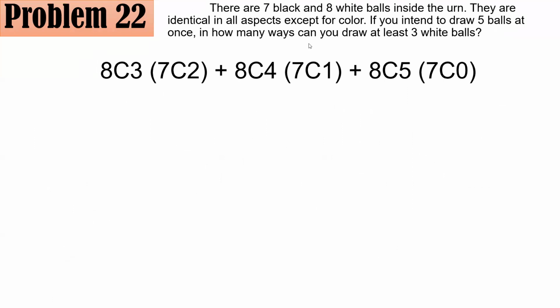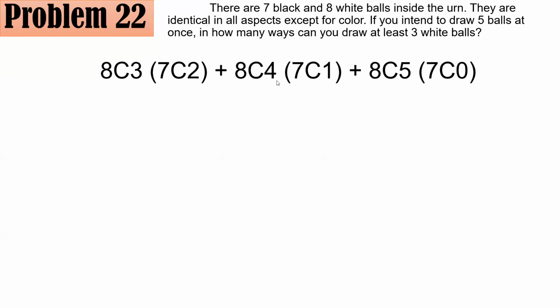And if you have three white, it's understood that you will get two black. So 8C3 is a number of ways that you could get three white out of the eight white balls and two out of the seven black balls. By the fundamental counting principle, we have to multiply 8 combination 3 and 7 combination 2. And this is our first case.